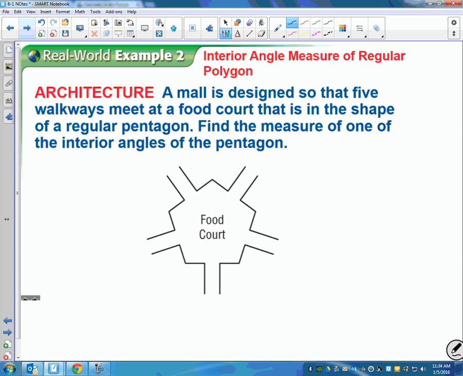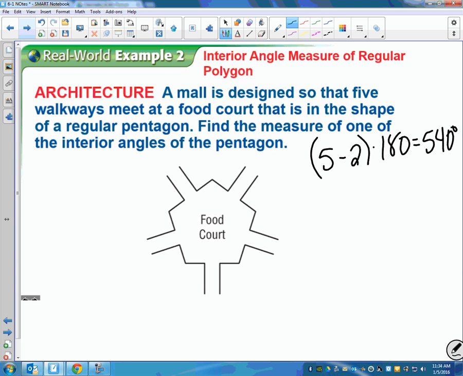Chandler, what do I do? Find the measure of one of the interior angles of this regular polygon. Regular pentagon. Oh, how'd you get 540 degrees? We did it earlier. We did 5 minus 2 times 180 was 540 degrees in the pentagon.